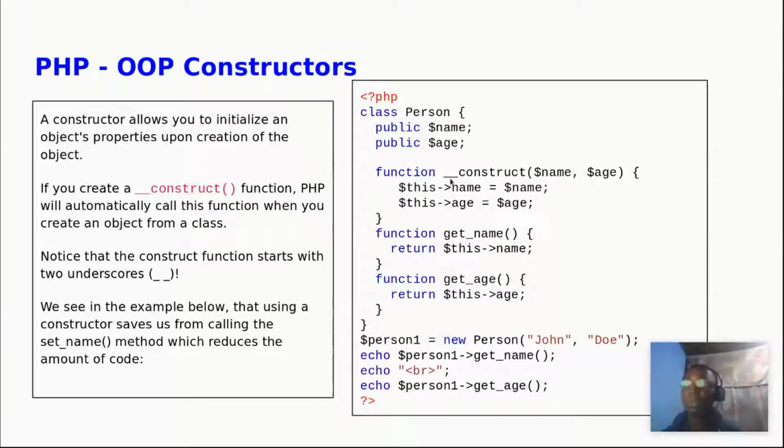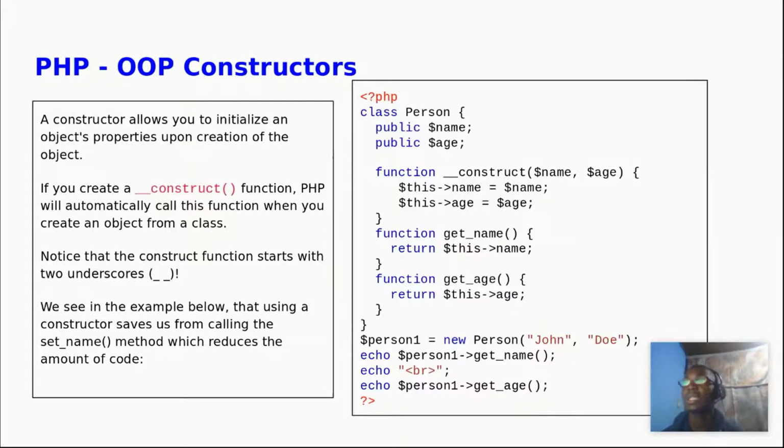You define the function, then you have double underscore, that is underscore underscore, then construct. Now this one takes in some parameters or arguments. These arguments are what you want to initially define when you actually instantiate a class.